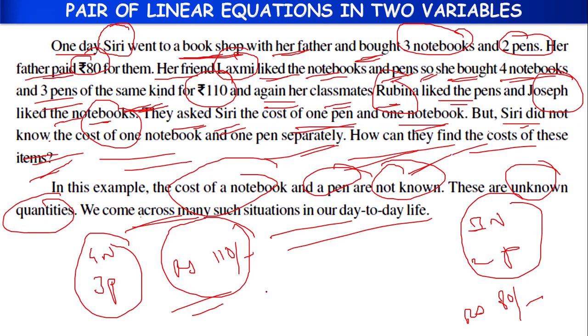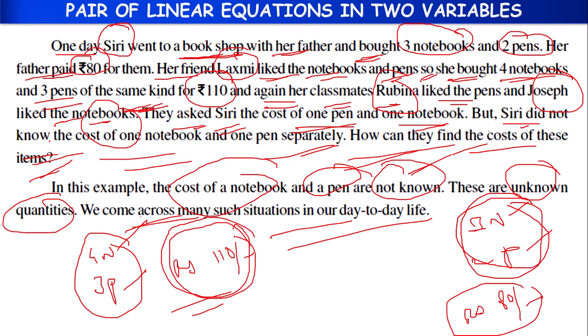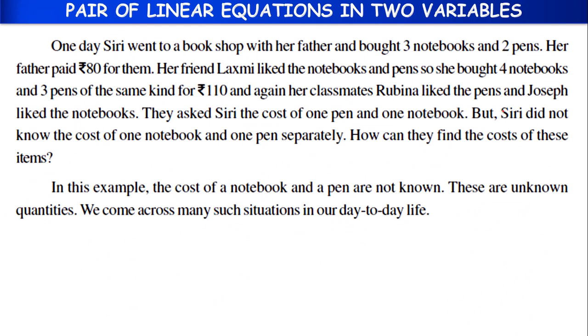Now our main task is, if Siri has brought 3 notebooks and 2 pens for rupees 80 and Lakshmi has brought 4 notebooks and 3 pens for rupees 110, what will be the cost of 1 notebook and the cost of 1 pen, so that they can guide Rubina and Joseph.